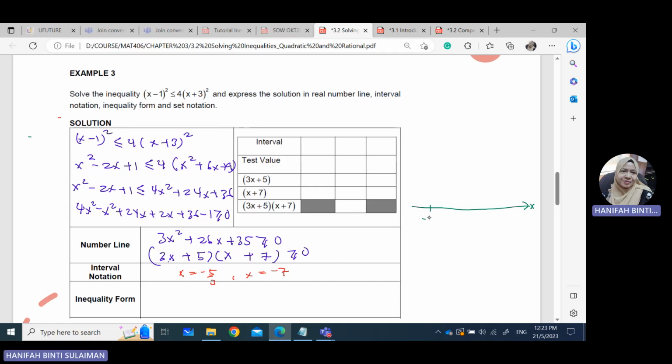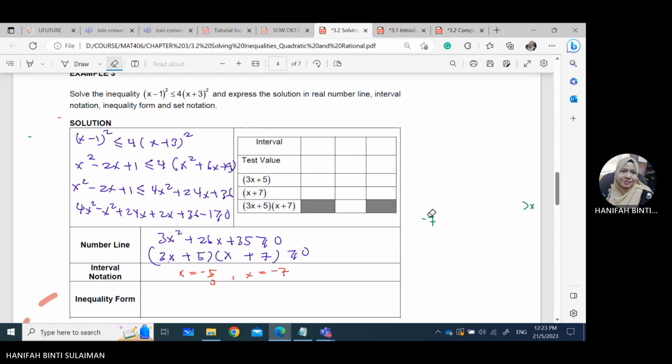So this one is a negative 7. Ini negative 7.